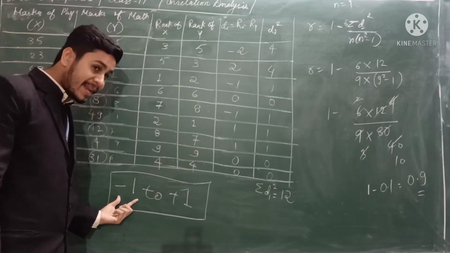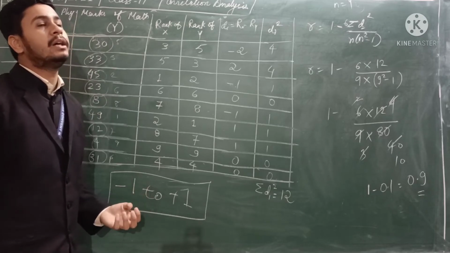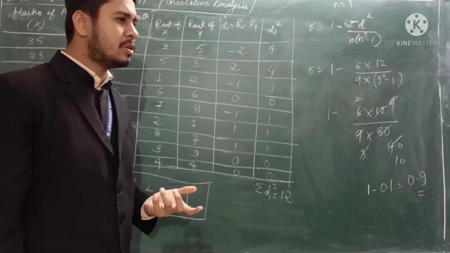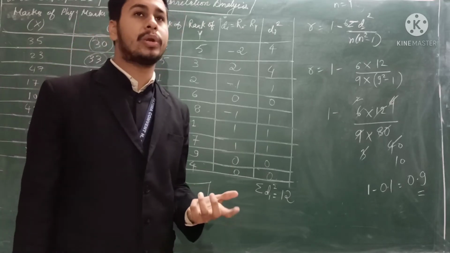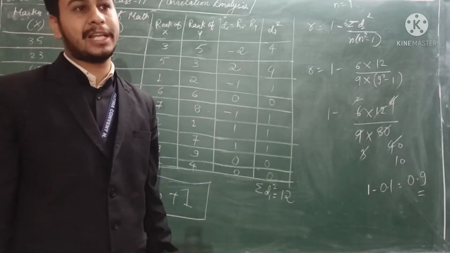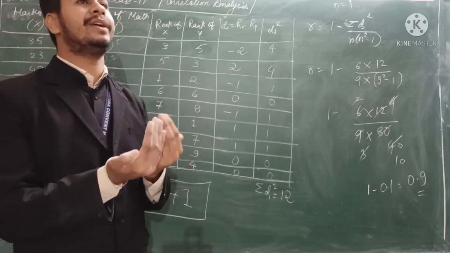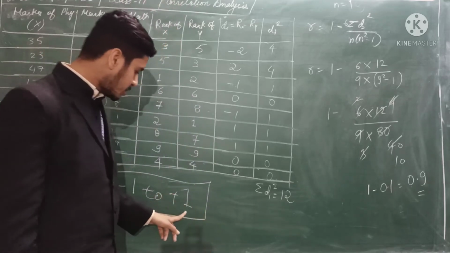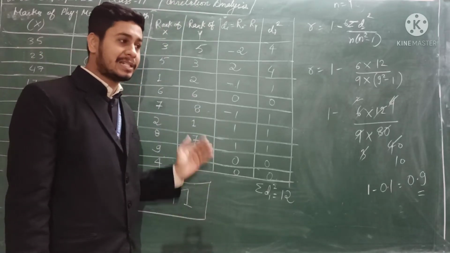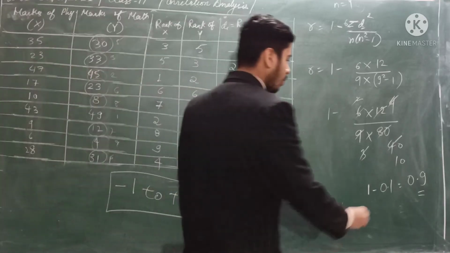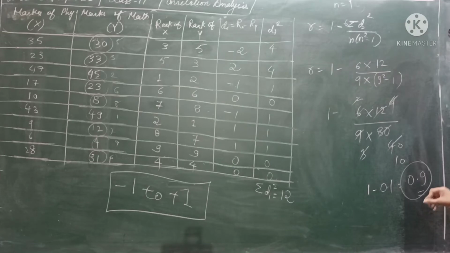And if it is -1, that does not say that it has a low correlation, but we say that they both are very much opposite to each other. That means the agreement between the two variables x and y is in the opposite direction. So for +1 the agreement is in the same direction, and for -1 the agreement is in the opposite direction.